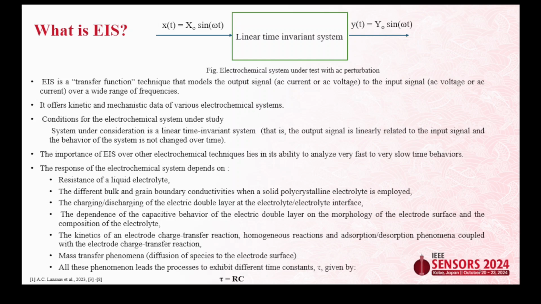Next, there are different bulk and grain boundary conductivities, because in case of batteries, we are not going to use a direct liquid electrolyte. We are going to use a liquid electrolyte that can get converted into a solid electrolyte kind of thing, or a polycrystalline one, based upon how charged your battery is.